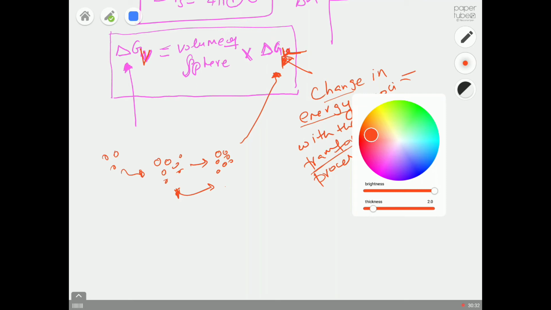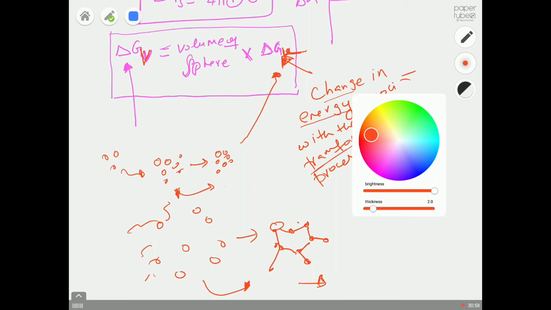I hope you know how gas, liquid, and solid work. If you have a gas, the molecules are far away and move randomly. When you convert them into liquid, they move together in their own space. So you are arresting the movement of the molecules, which means they have to lose some energy.